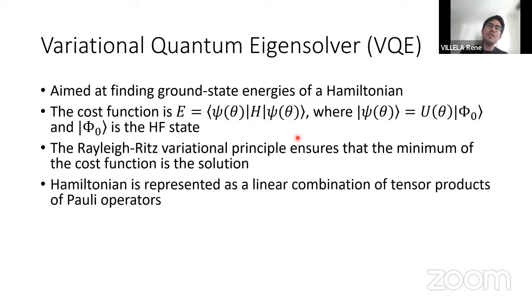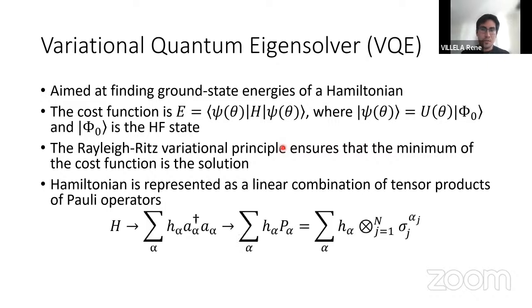So since we're considering operations on a quantum computer, we must keep in mind that these operations need to be unitary. And an atomic or molecular Hamiltonian is not unitary per se, but we can easily transform it into a unitary form.